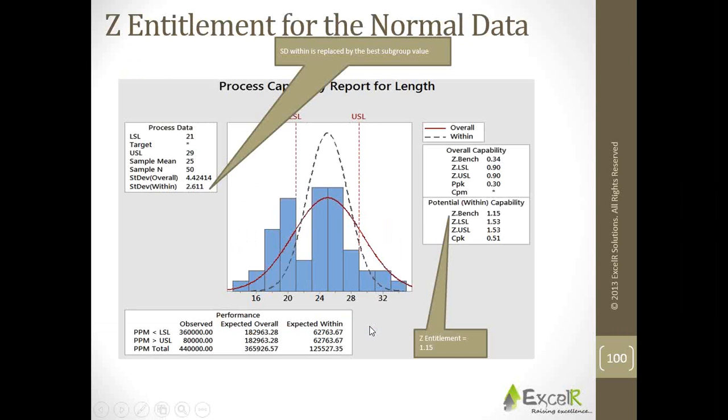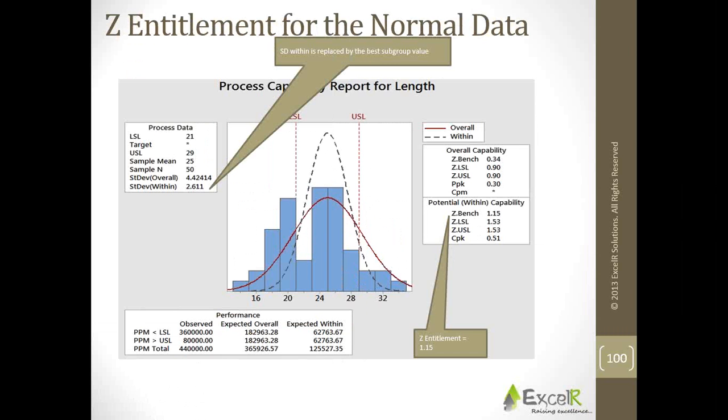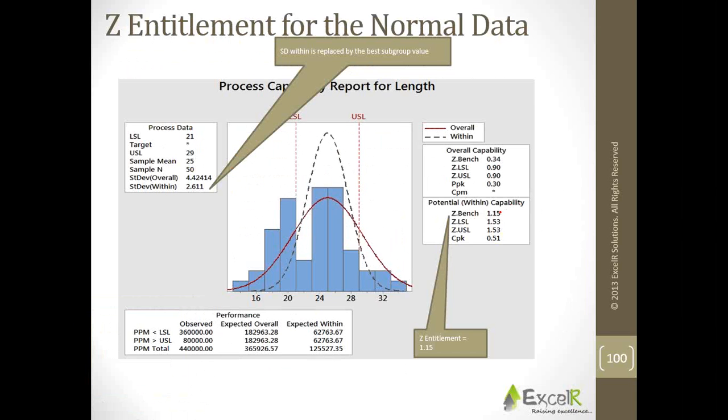So let me see how to calculate Z entitlement. When I calculate Z entitlement, I get these values. Yeah, and Z entitlement is nothing but your Z bench. And look at this, I have changed the standard deviation to 2.611.